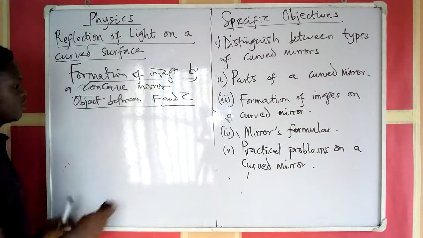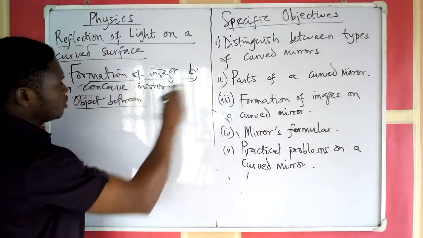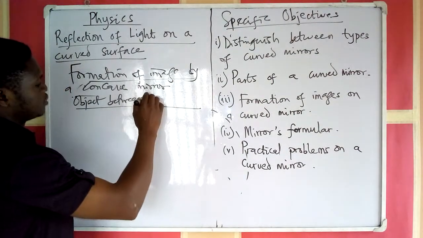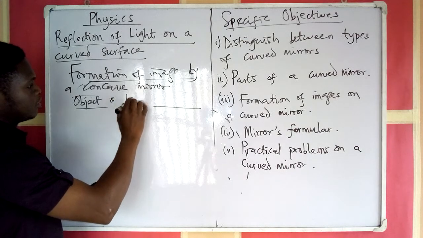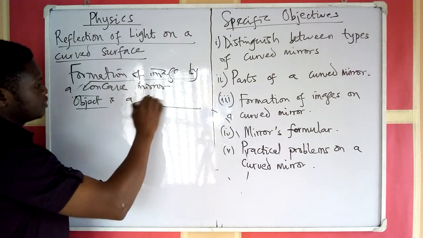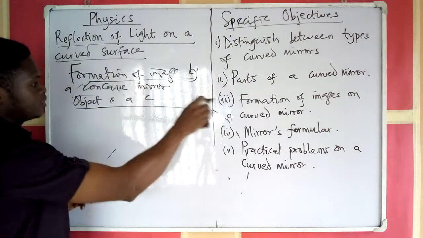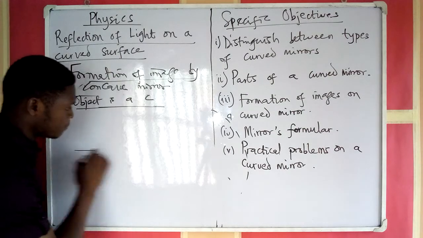Alright, so the next one we'll take a look at is when the object is at C. We've not taken that. You know what C is, right? C is the center of curvature.